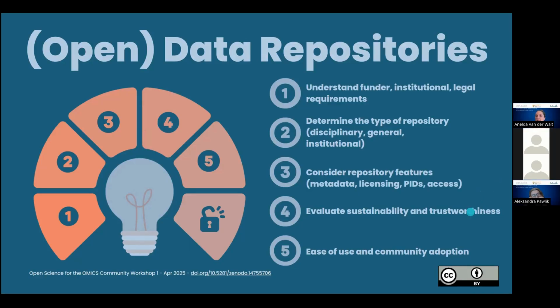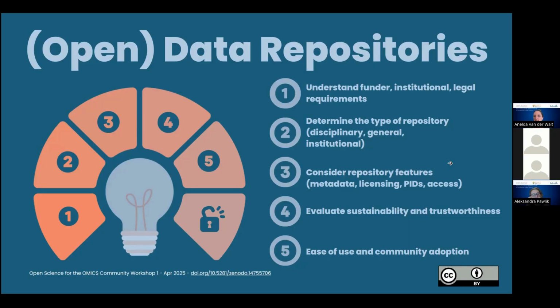And then for these repositories, you will see it will differ in terms of what metadata is required, what licensing, as I said previously in the chat, what licensing are available, what kind of persistent identifiers are issued. Sometimes it will issue a DOI, sometimes it will only issue a handle, as I said before. It really depends on how the repository is accredited and so on.